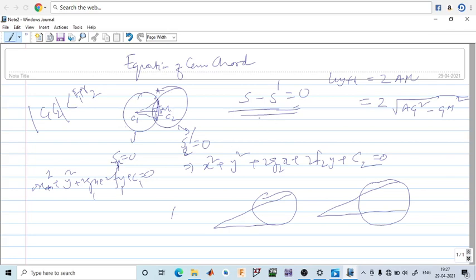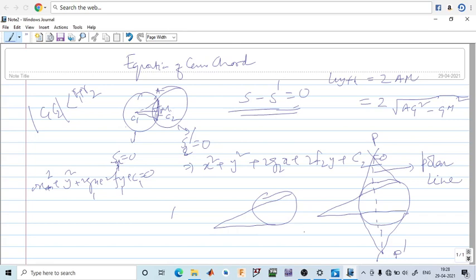So if we draw a pair of tangents from the two secants, suppose it touches at P and P dash, then the line joining P and P dash is the polar line, right? Is the concept clear?